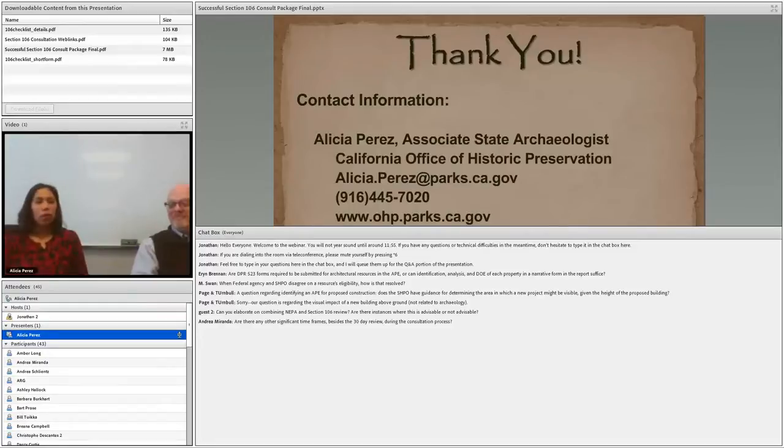Well, they're two different processes, but I think what is important to note is that your process to identify historic properties may be helpful when looking at alternatives in the NEPA process and how these may or may not affect historic properties. I don't know if Mark has more experience with NEPA and 106.